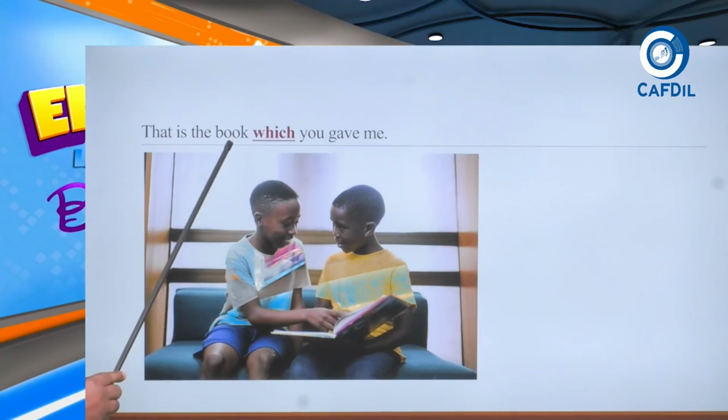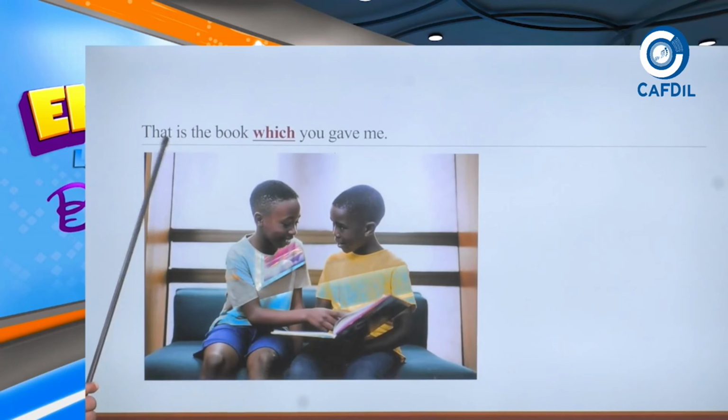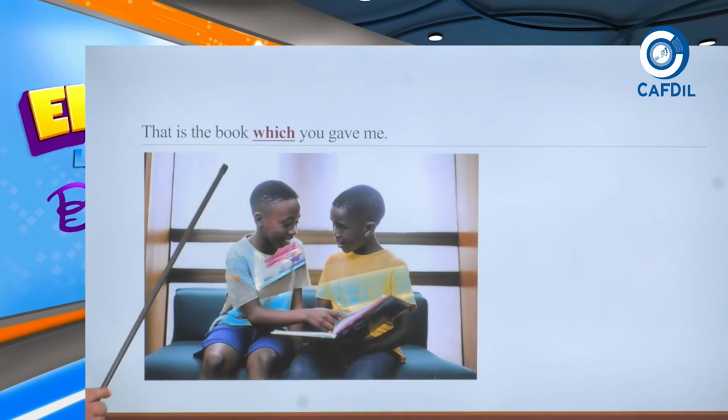That is the book which you gave me. Now we see that we are talking about a book. So he's showing him the book. Maybe it's James and Kofi trying to show him the book that he gave him, and which is used for the book, which is a thing.